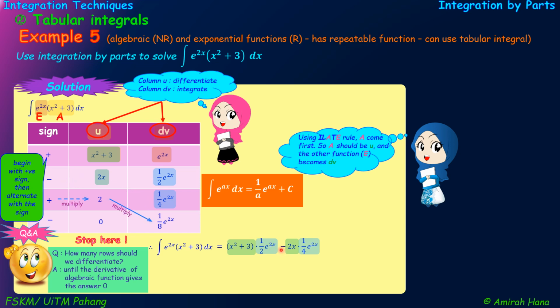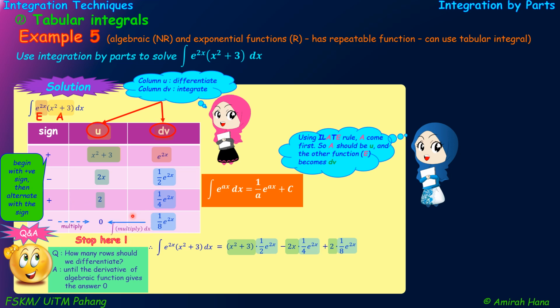And after that, we multiply this: 2 times 1 over 8 e to the power of 2x. Positive times positive equals positive.